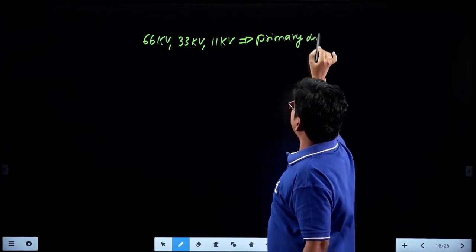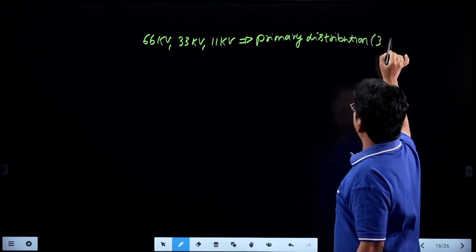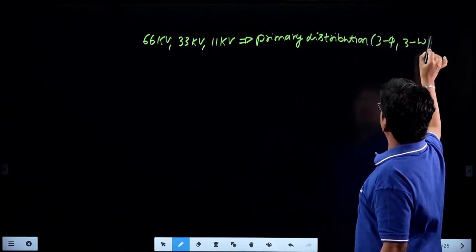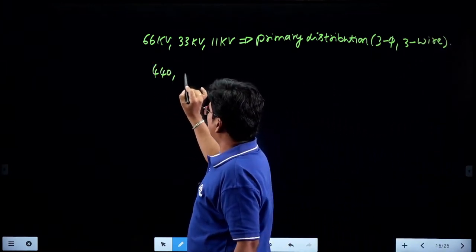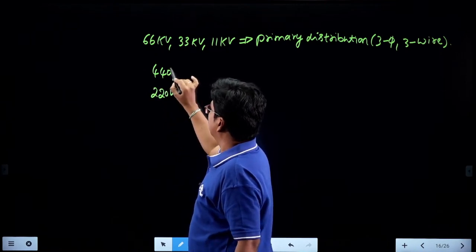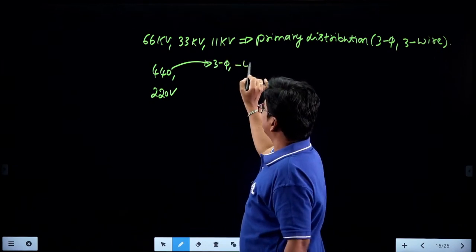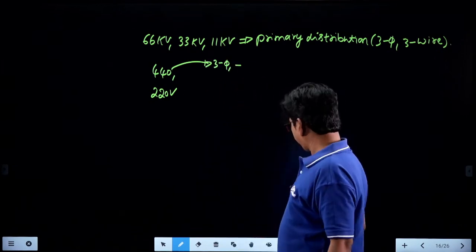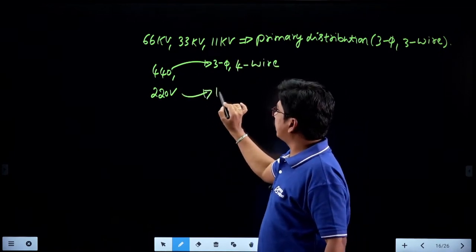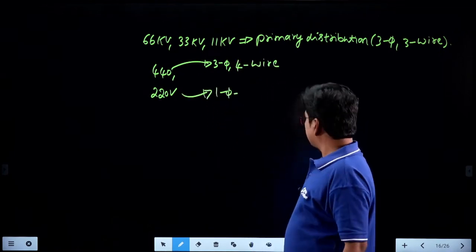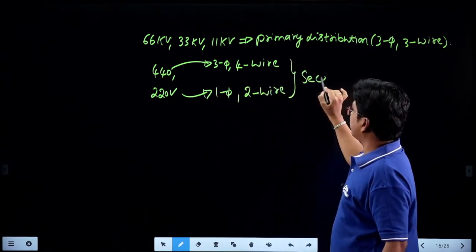We have to do this in 3-phase 3-wire. But coming to 440 volts and 220 volts, 440 is 3-phase 4-wire, and 220 volts is single phase 2-wire. These two are secondary distribution.